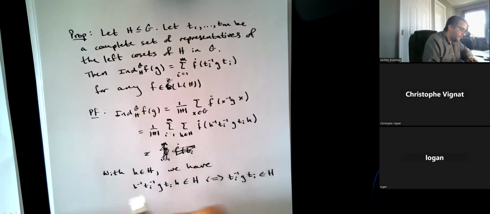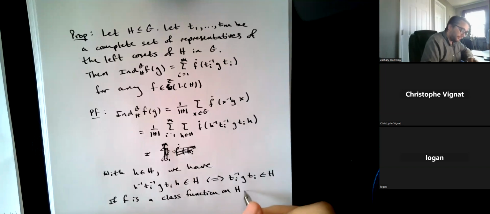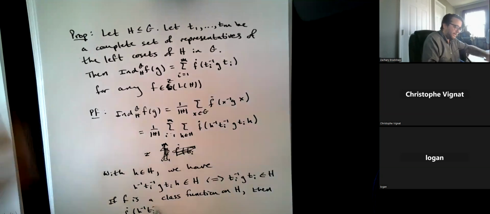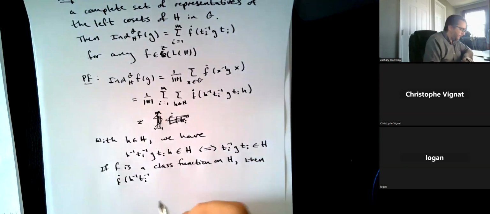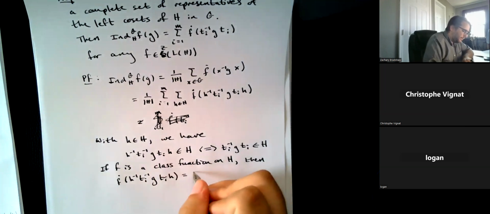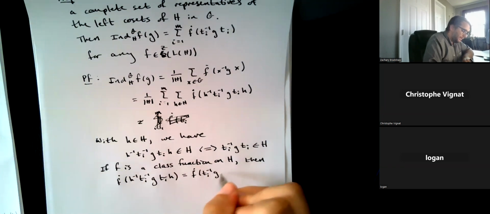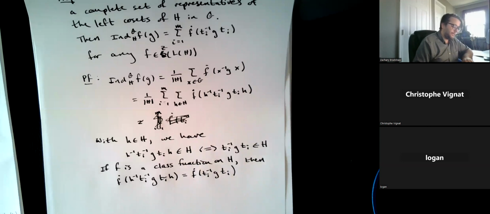Okay, but if F is a class function on H, then F dot h inverse Ti inverse G Ti h is equal to F dot Ti inverse G Ti, right?